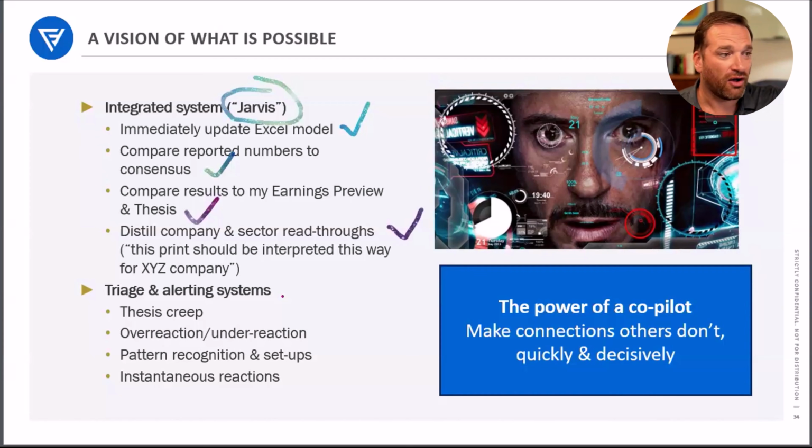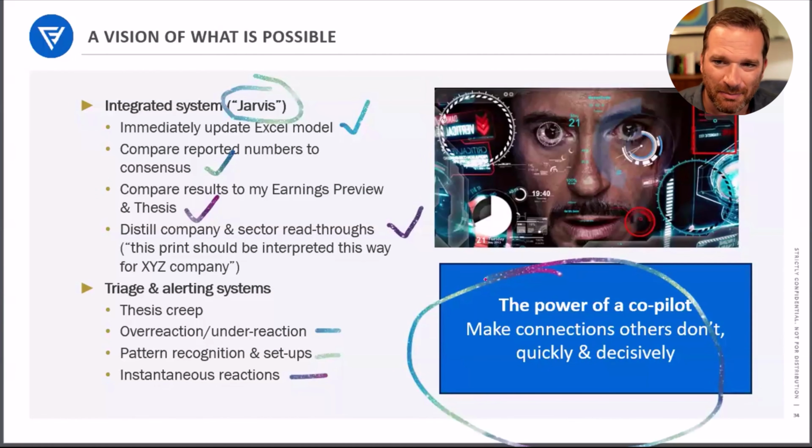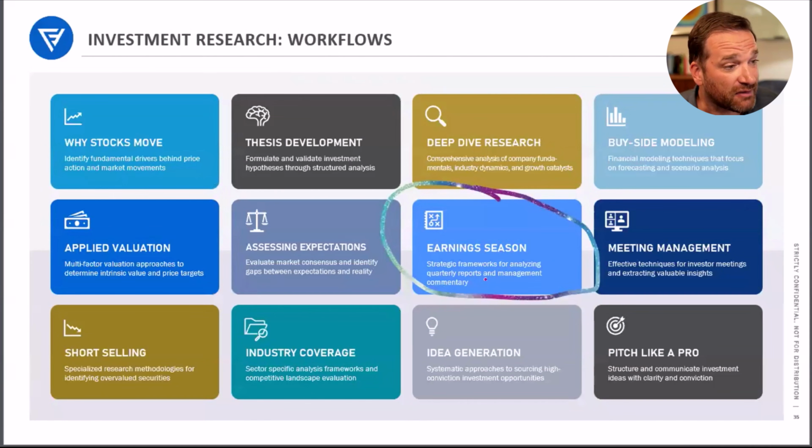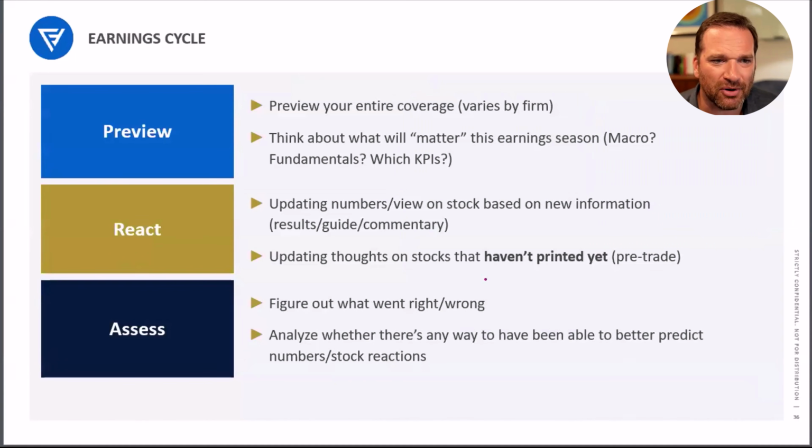If you're not on this call, it sounds like things aren't going that well. Numbers are going to come down 7% based on what management just said. Overreactions, underreactions, pattern recognition and setups, and instantaneous response. And so I think the power of a co-pilot, making connections others don't quickly and decisively, is a compelling opportunity for me.